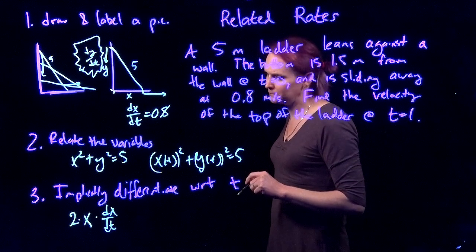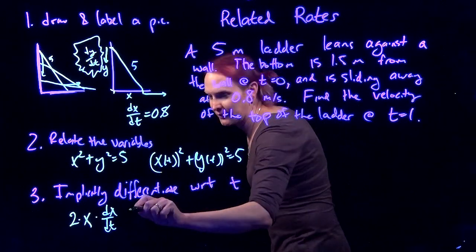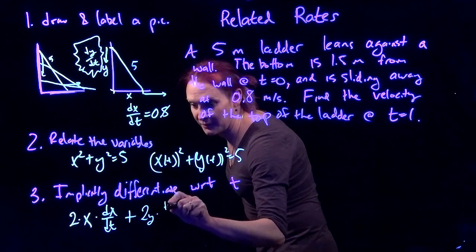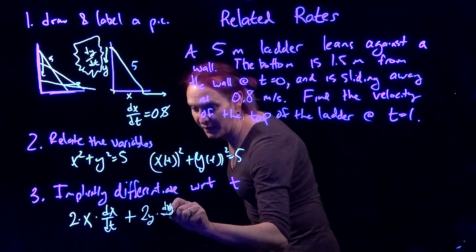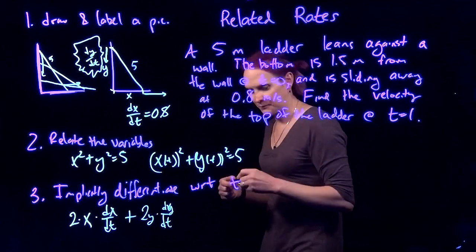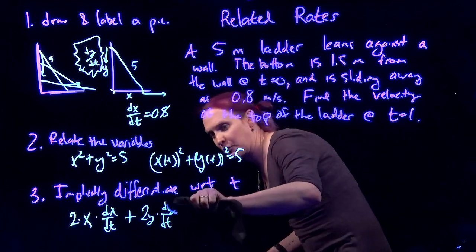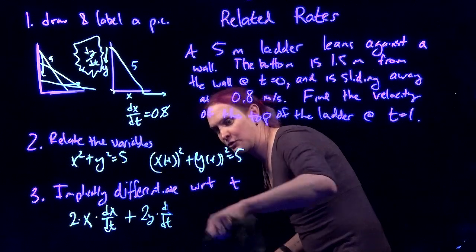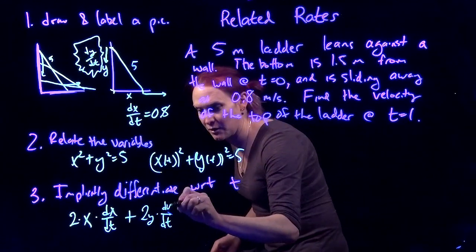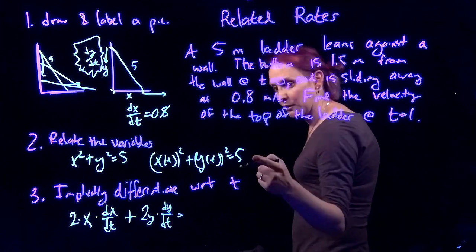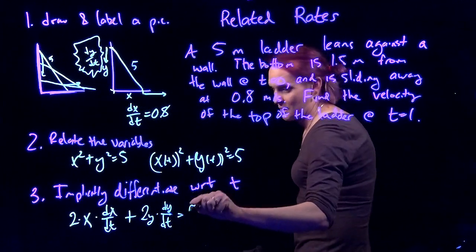Because of the chain rule, we're going to get something similar on the right-hand side: 2 times y times dy/dt. Because y is changing with respect to time, the chain rule dictates that I have to chain out a time derivative. And on the other side, equals, what's the derivative of any constant? 0.